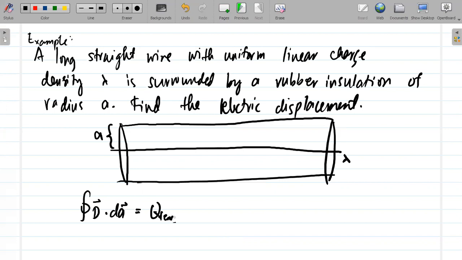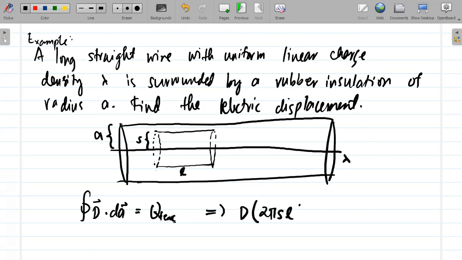Now class, yung usual na method natin, Gauss's law. So let's make a Gaussian surface here, a cylindrical Gaussian surface. So ganyan siya. Na may radius S and may length, let's say L. So class, ang D dot dA, that is given by D times 2 pi S L. Class, we know that the electric displacement, yung direction niya, pa ganyan.